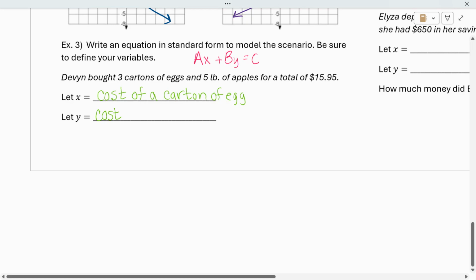What's the Y term going to be? What else am I buying? I'm buying eggs and what? Apples. How are the apples being measured? By the what? By the pound. So I'm going to let Y equal the cost of a pound of apples.